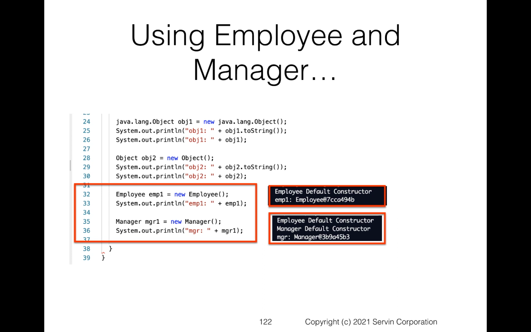For this example, when you create a manager, it first calls the employee constructor, then it calls the manager constructor. And again, notice the toString, which is implied at line 36, when you print it out as a string, it shows again the name of the class and also the address of where it's at inside the virtual machine.